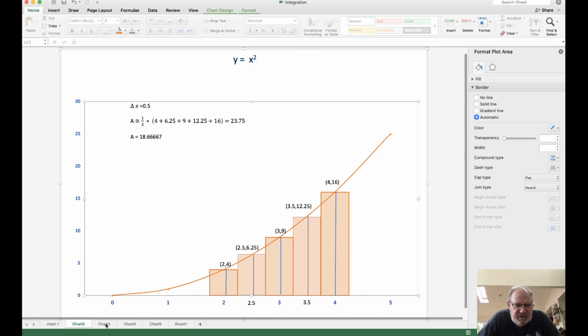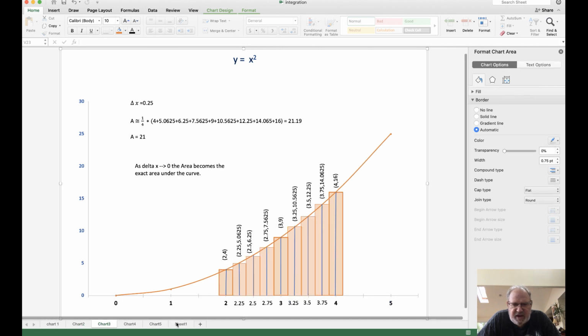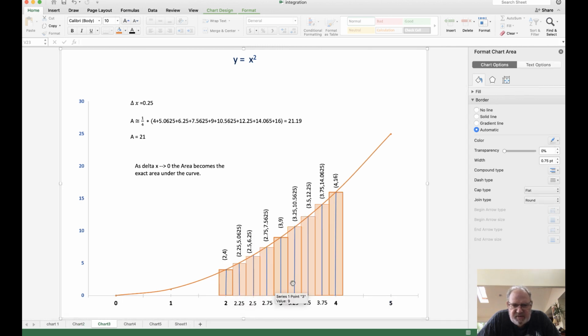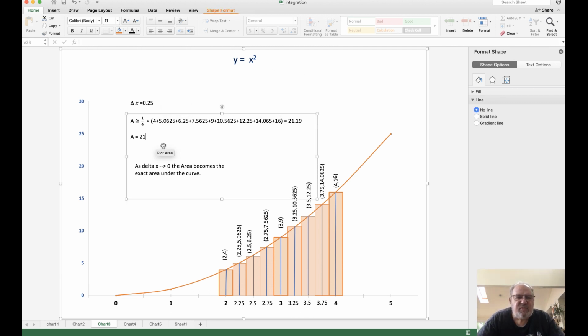And if we continue to divide up the area into smaller and smaller rectangles, here the base of the rectangle is 0.25. I've been halving the delta x. We started with 1, then we went with 0.5, and then half of 0.5 is 0.25. And I have a problem here. I got this wrong.